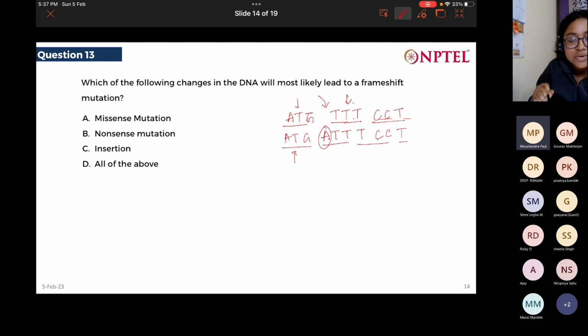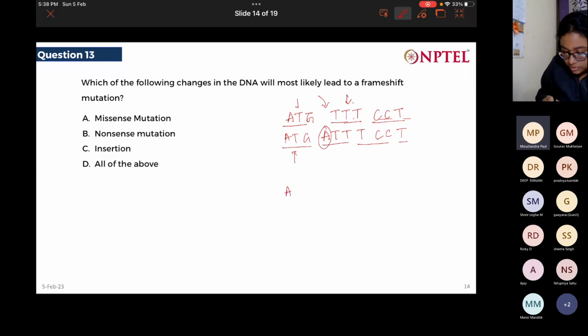So as per this example, you feel it is C. What about nonsense mutation? Does everyone understand nonsense mutation? What happens in nonsense mutation? It's a point mutation, meaning one single base pair is replaced, but it is replaced in such a way that a stop codon comes instead.